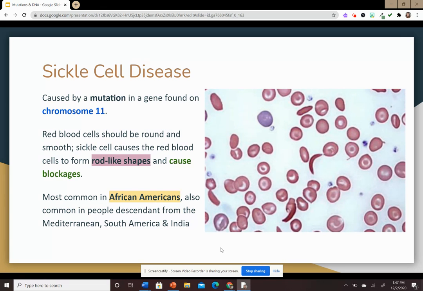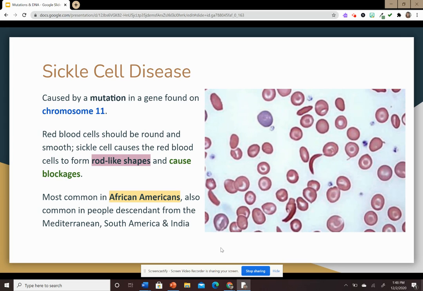However, now the issue comes if you have two sickle cell genes, right? That's when you get the actual disease. So again, think about chromosome 11, right? You get one chromosome 11 from your mom and one chromosome 11 from your dad. So let's say your mom passed down the sickle cell gene, but your dad didn't have it, right?